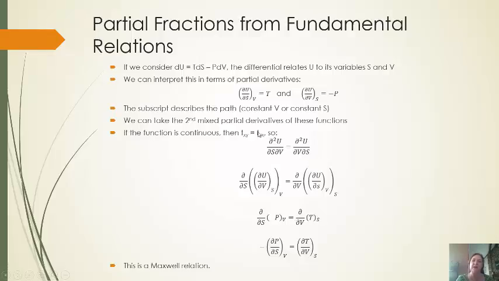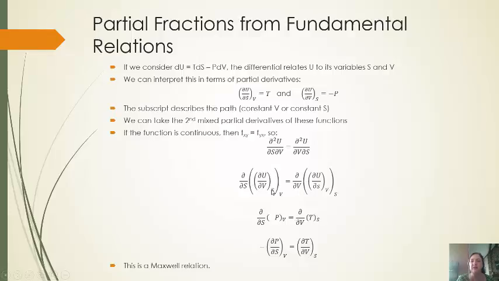So instead of writing it as this second order derivative, we could write that as the derivative of the derivative. So here we have the derivative of U with respect to V, and then the derivative of this with respect to S. And this should be equal to, by continuity, dU dS, and then take the derivative with respect to V of that answer.